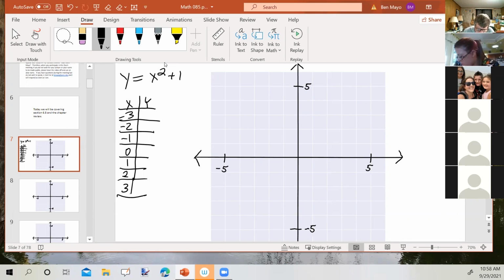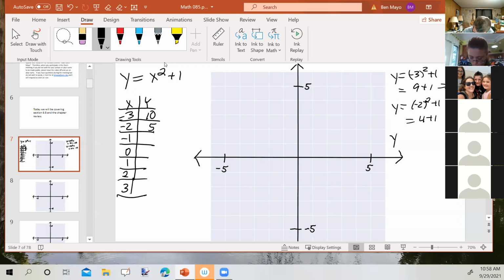Okay. If x is -3, then y would be -3, the quantity squared, plus 1, which is 9 plus 1, which is 10. If x is -2, y equals -2, the quantity squared, plus 1, which is 4 plus 1, which is 5. If x is -1, y equals -1, the quantity squared, plus 1, which is 1 plus 1, which is 2.